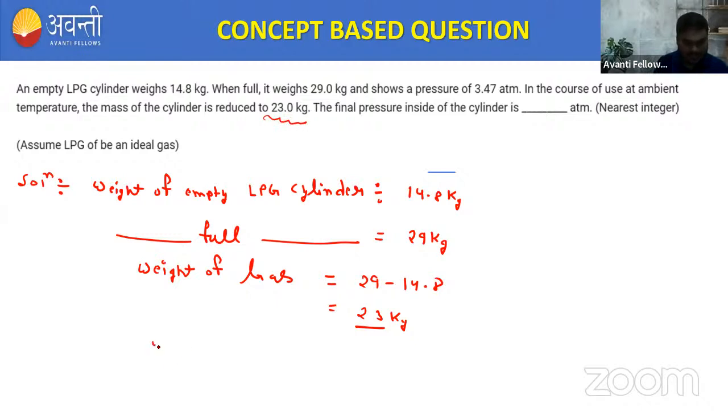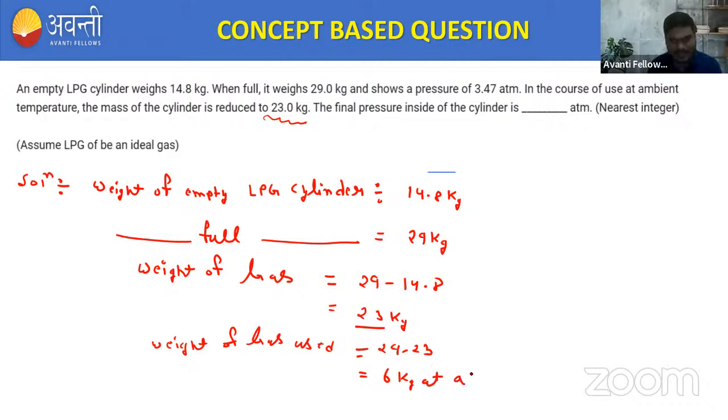The weight of gas used, that is 29 minus 23. ठीक है, 29 तो फुल था, उसमें से गैस कितना था? 23. तो 29 minus 23, that is equal to 6 kg at ambient temperature. ठीक है, at ambient temperature.